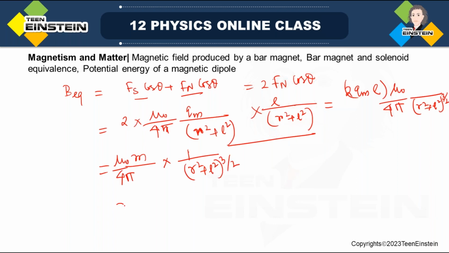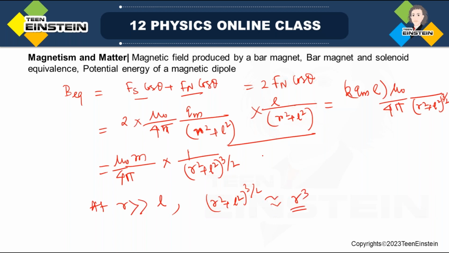Here also we'll do the approximation for a very short dipole. So l is much less than the distance where we are calculating the magnetic field due to the bar magnet. Under this condition, r square plus l square whole to the power 3 by 2 is nearly equal to r cube.